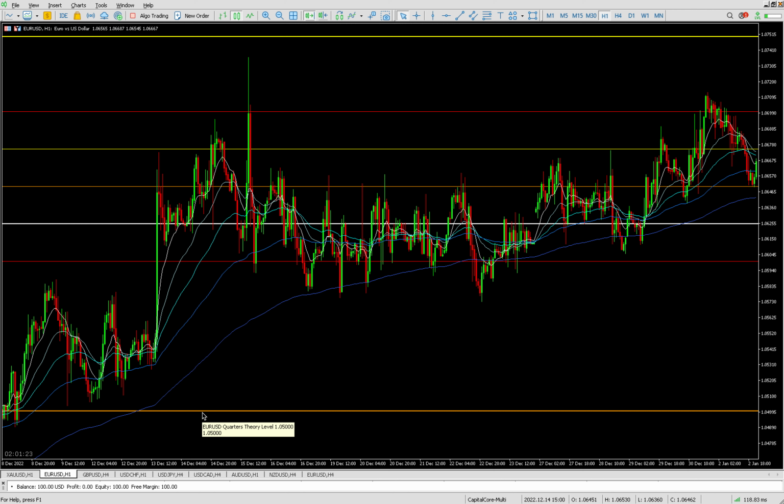I have only marked up one. Here we have 5,000, right here 6,000, and here we have 7,000. So between 6,000 and 7,000 is our 1,000 quarters theory level.